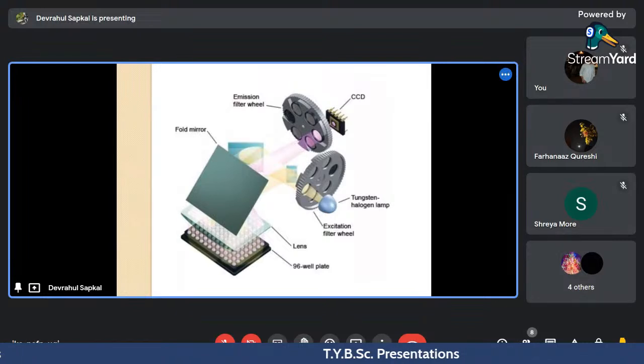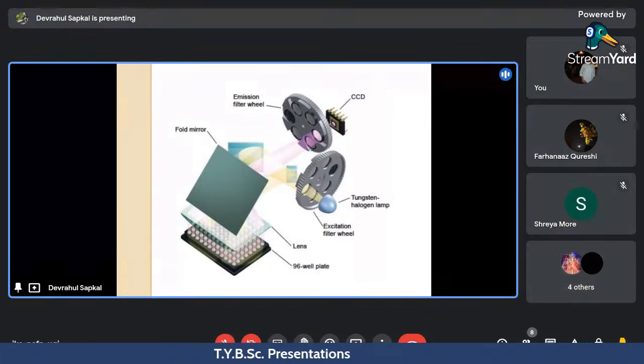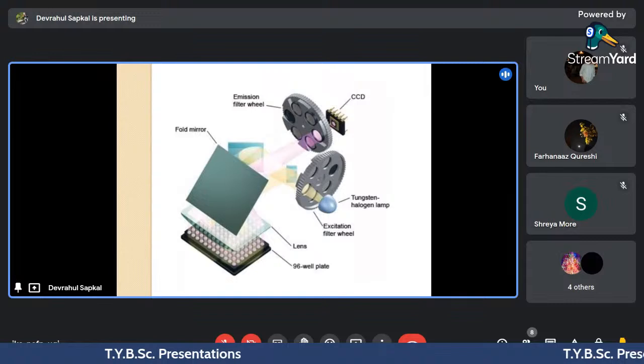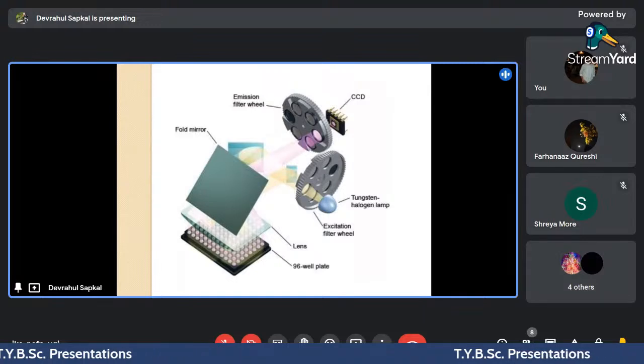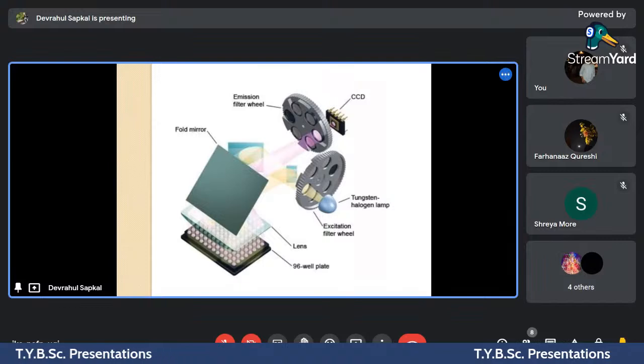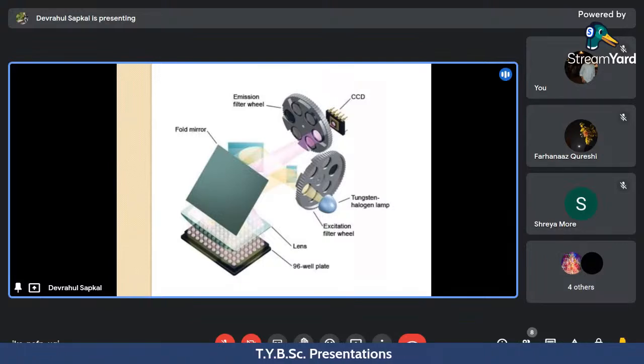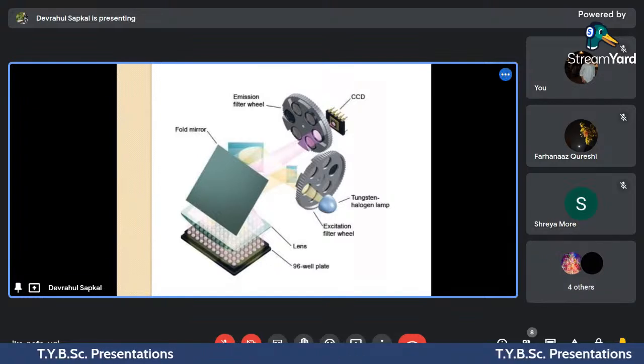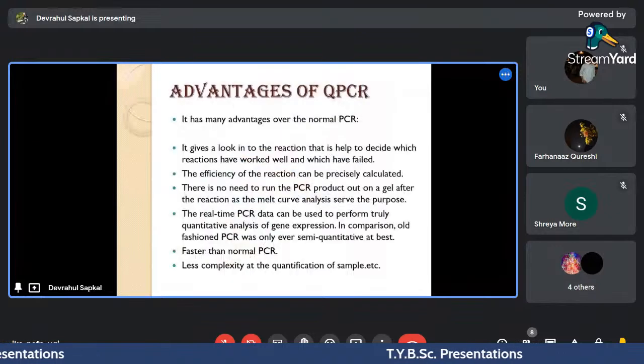That excites the fluorescent marker added to the sample, and the signal is amplified with the amplification of the copy number of the DNA. The emitted signal is detected by a detector that is connected to software on a computer after conversion into a digital signal, and then we can see the graph or any results.